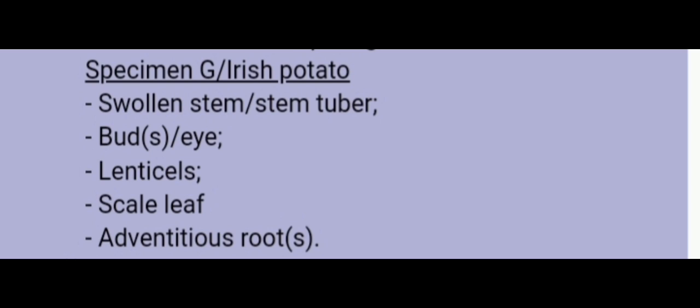So I classified Irish potato as stem tuber. Why? Listen very carefully. Because number one, I saw that it has a swollen stem, and swollen stem is the tuber. So you could say presence of a swollen stem or tuber. That's one. And also you see a bud, so presence of buds. You also say presence of scale leaves, and then presence of lenticels. These are the reasons why I am sure that specimen C is Irish potato.